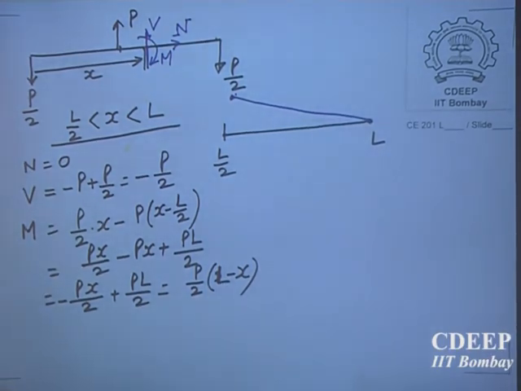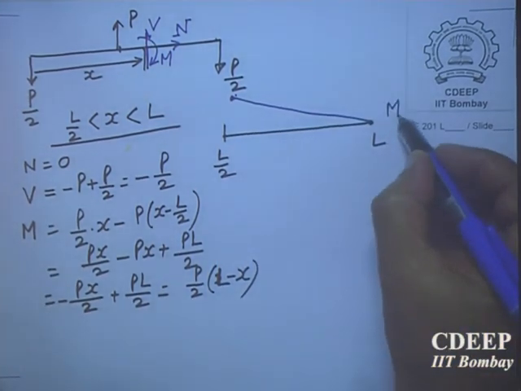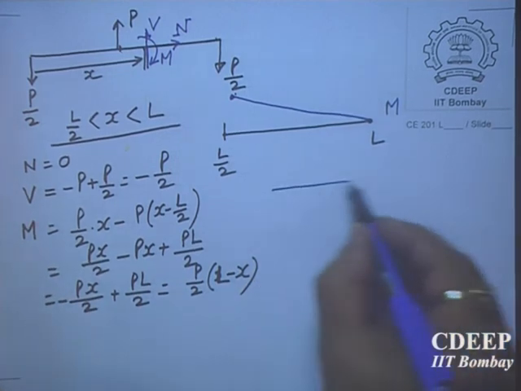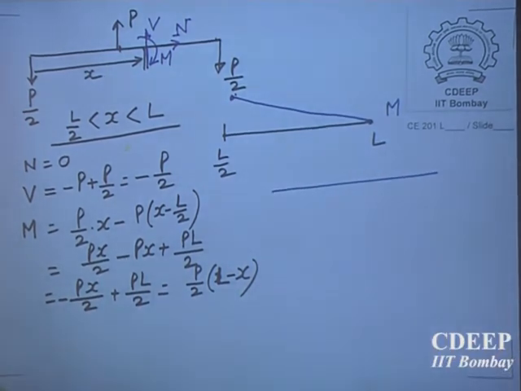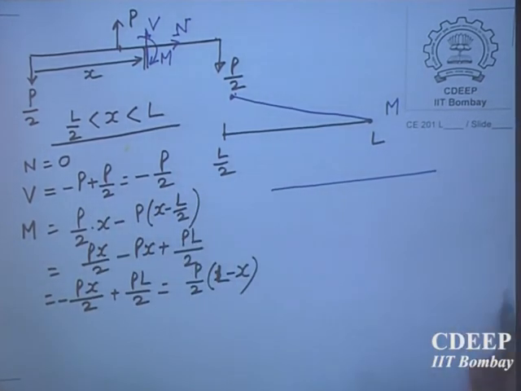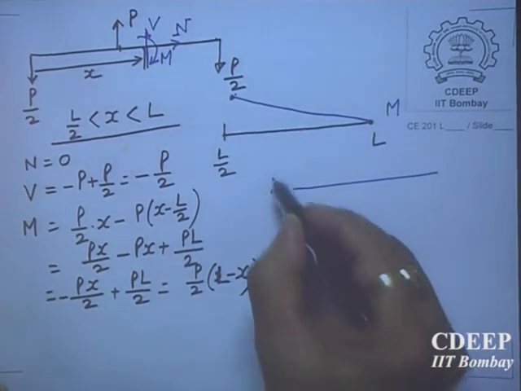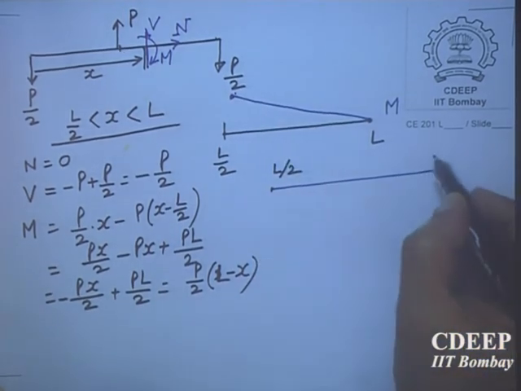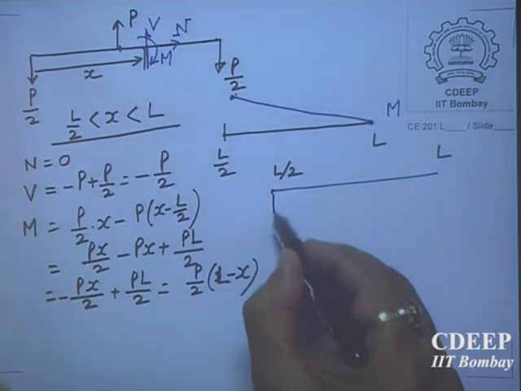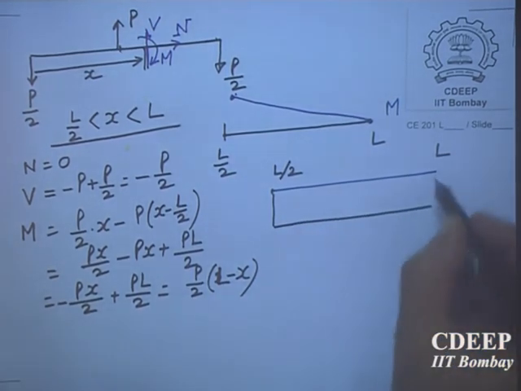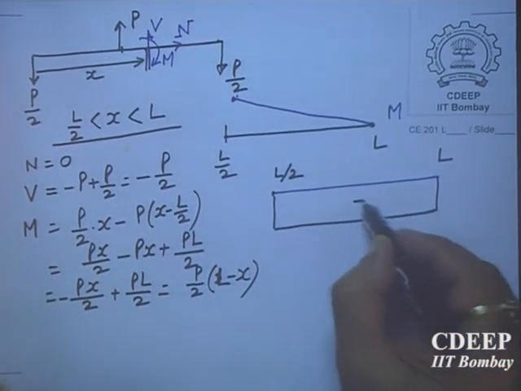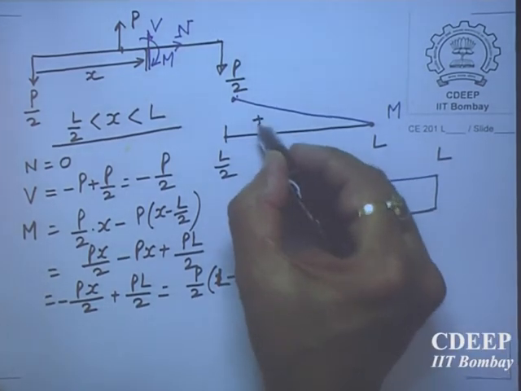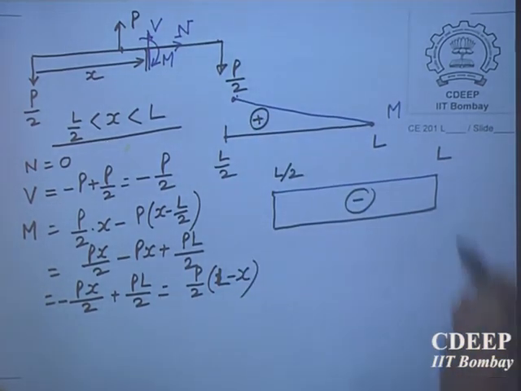This is the bending moment. What about shear force? It is saying that shear force is negative. So from L by 2 to L, the shear force comes down and this is negative. So this is the shear force.